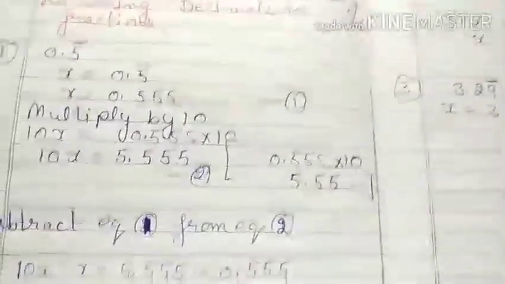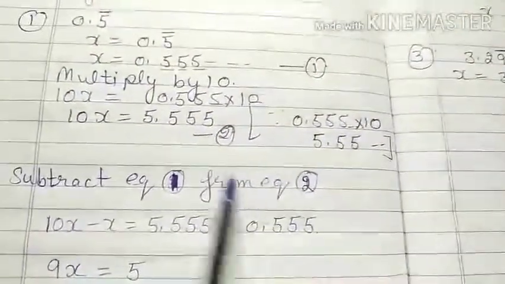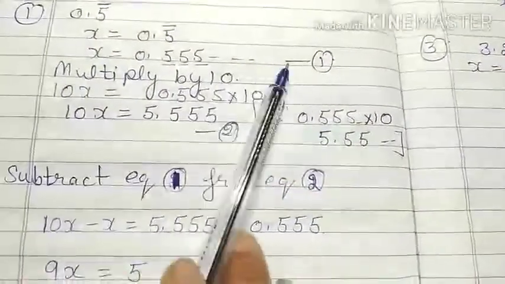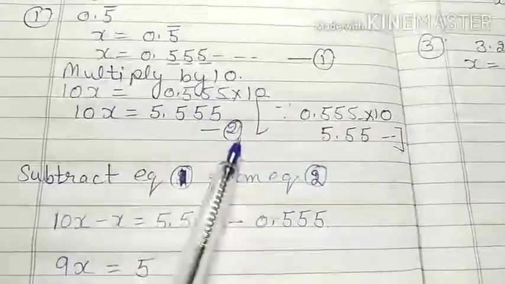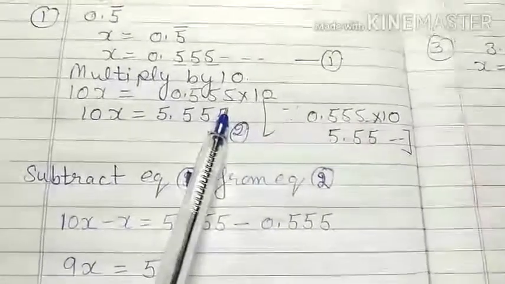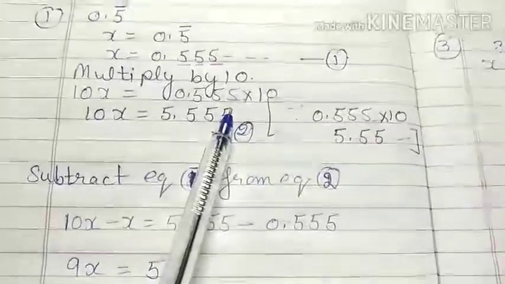If it is 100, it shifts 2 digits to the right. Now consider this as equation 1, and this, after multiplying left and right sides by 10, as equation 2.